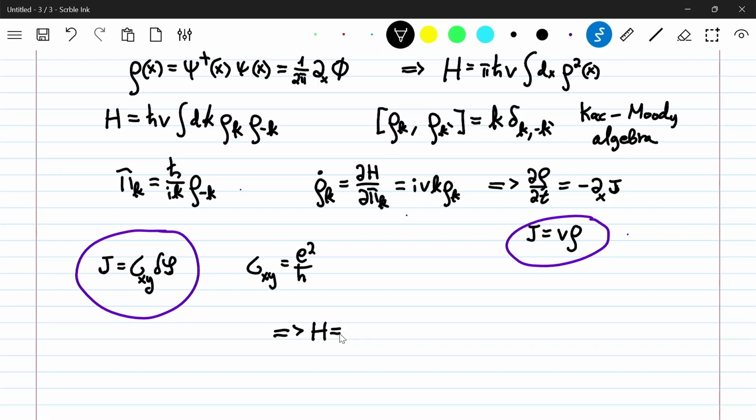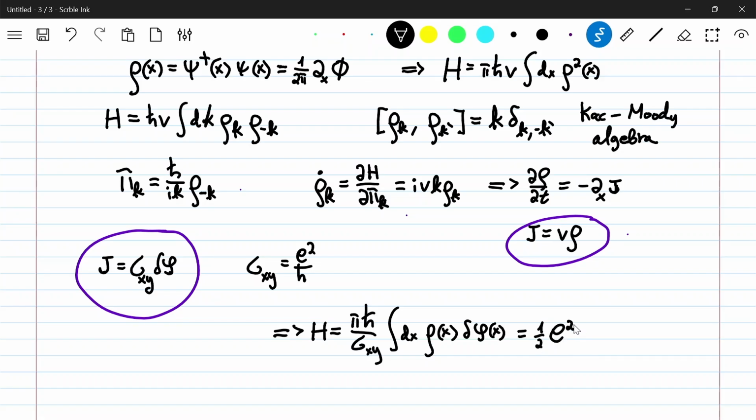And now using the fact that sigma xy is e square over h, it gives me a very simple result.